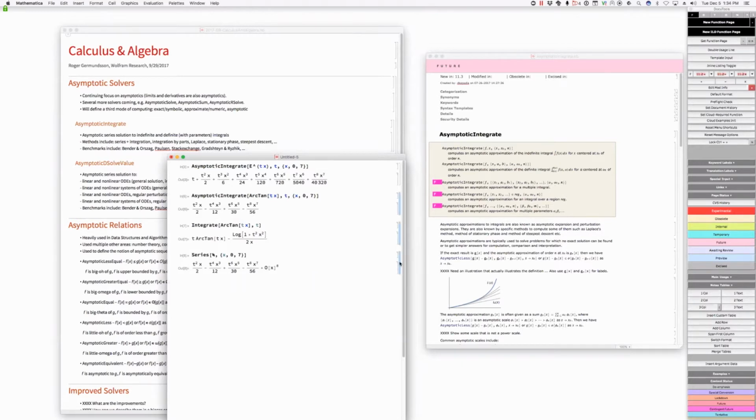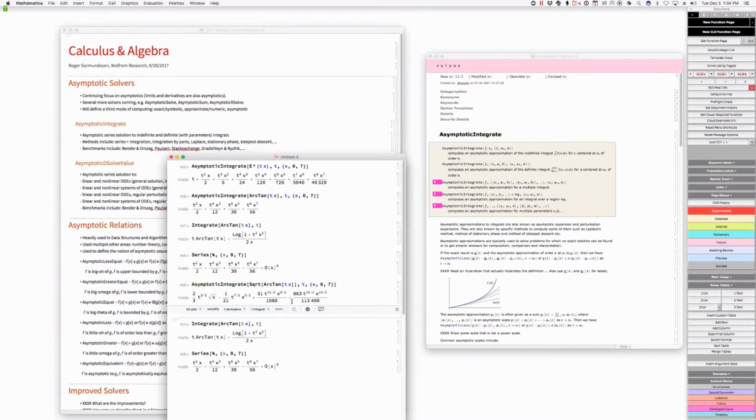Okay, so in particular, if what I do here is I say square root of arctan. Okay, that may not even be an integral that we can do.